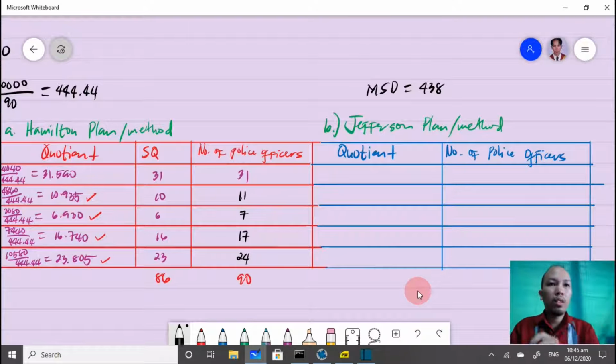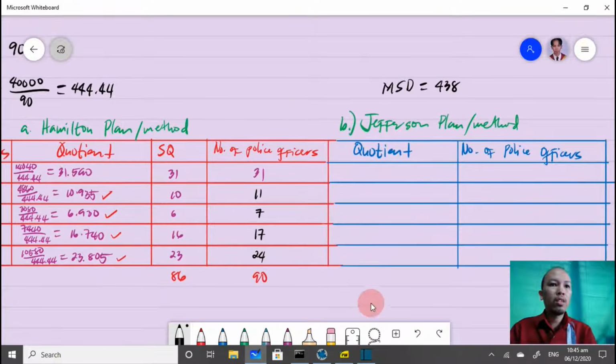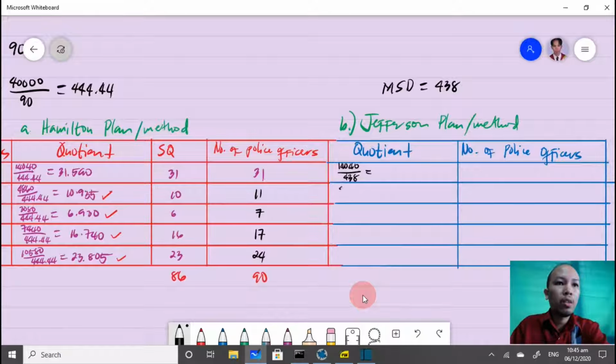Again, get the quotient. 4860 divided by 438, 3080 divided by 438, 7440 divided by 438, and then 10580 divided by 438.